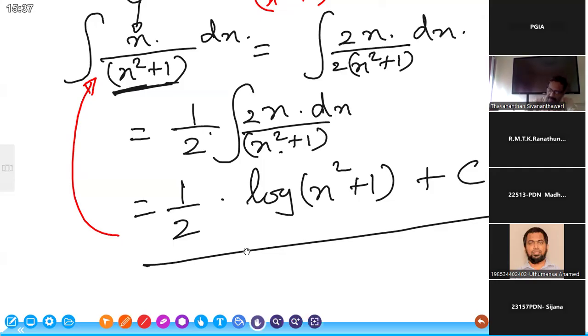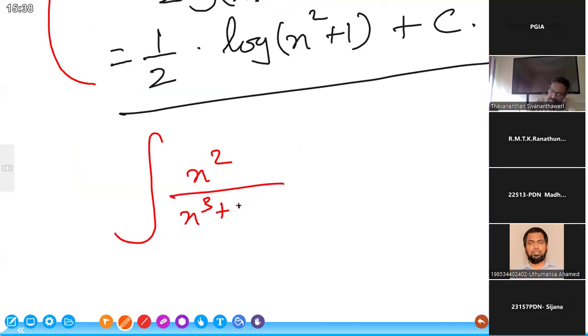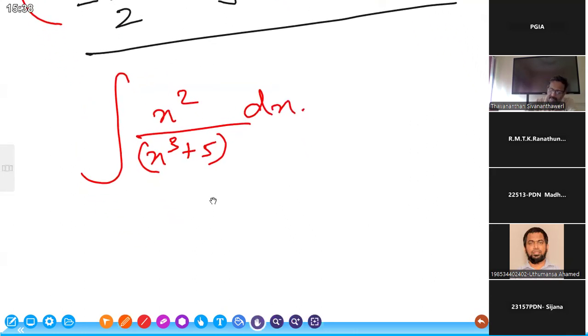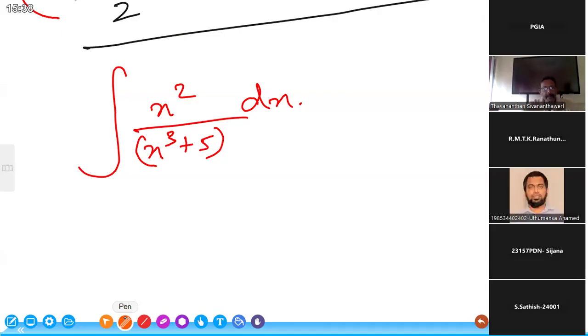Try this one. Another one: integration of x square divided by x to the power 3 plus 5 dx. Can somebody try in a similar way and tell me the answer? How can we write the first step?